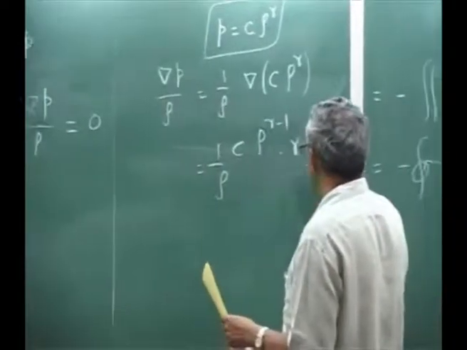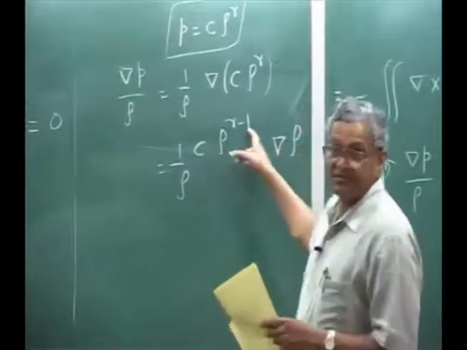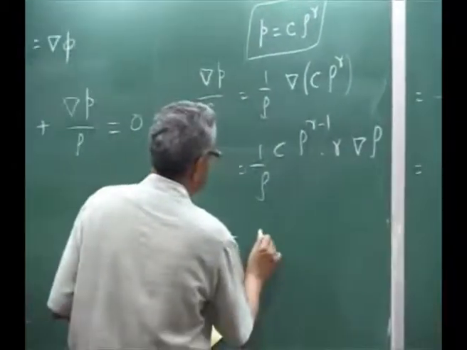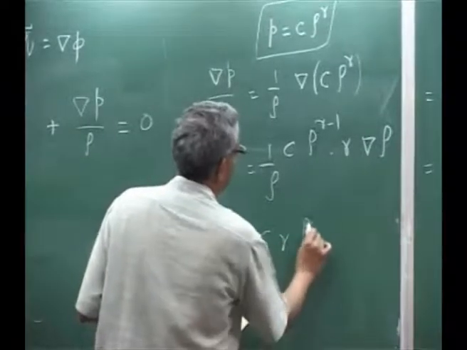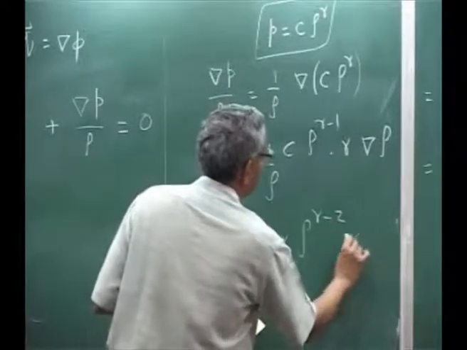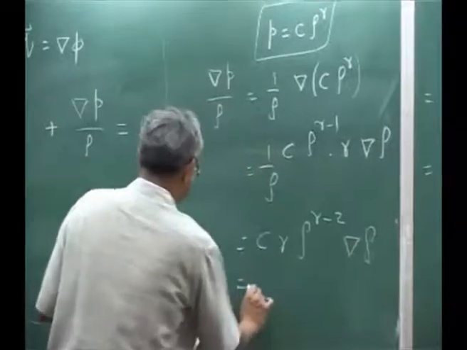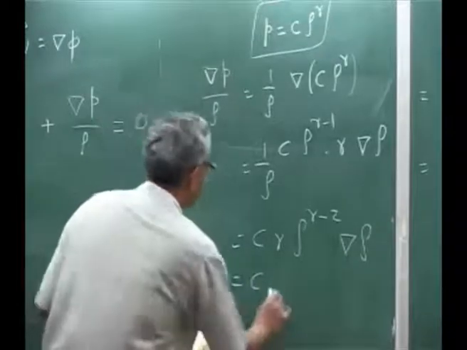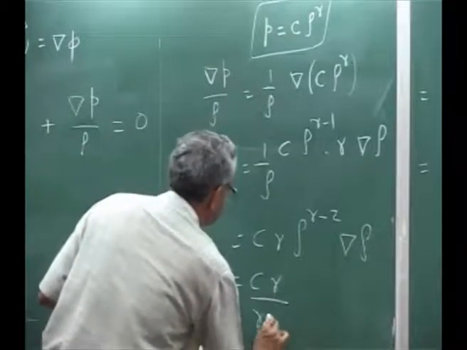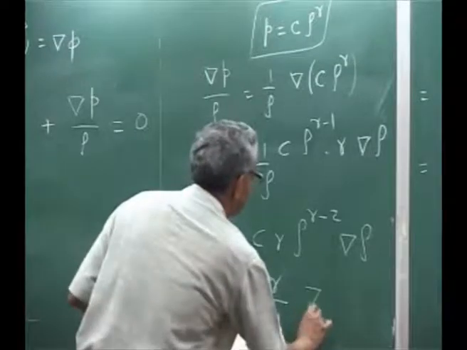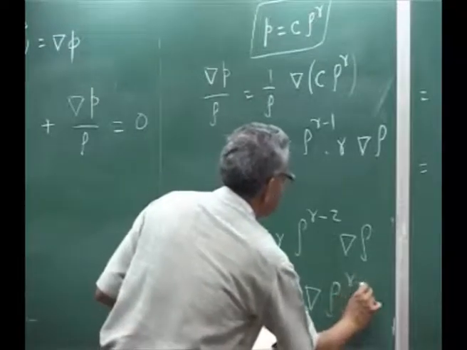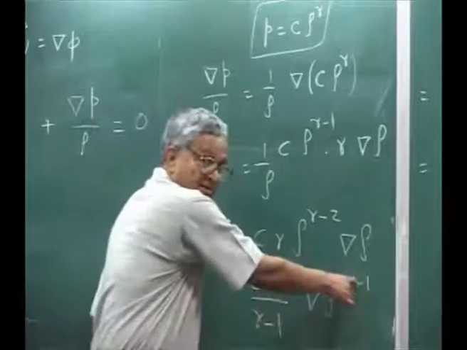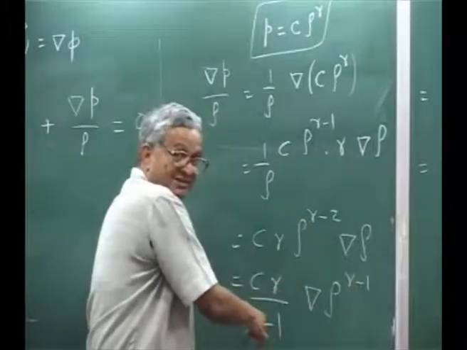I can write this term as C gamma rho gamma minus 2 del rho, which is essentially C gamma over gamma minus 1 del rho power gamma minus 1, because when I differentiate, that gamma minus 1 will cancel out.